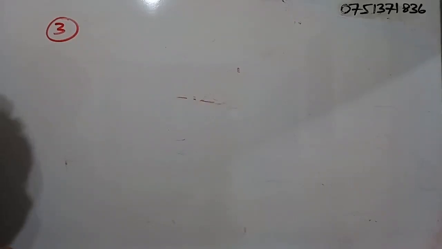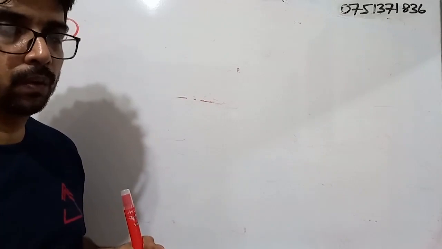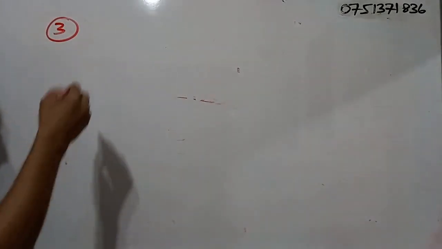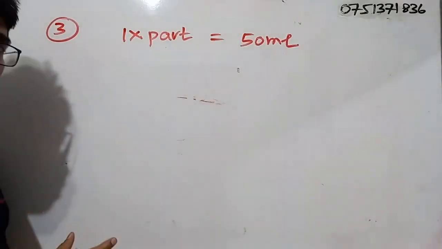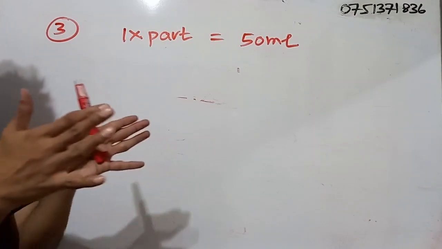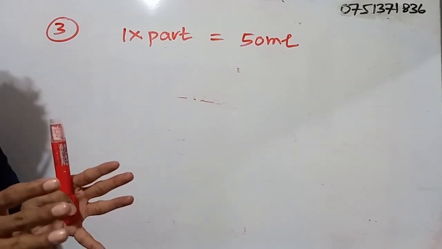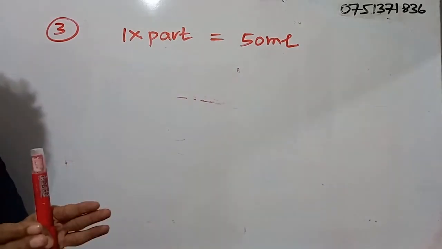So we can come up with the answer in this way also. We know the value of one part. How many total parts are there? We have water and orange juice, so the ratio is 5 to 7.